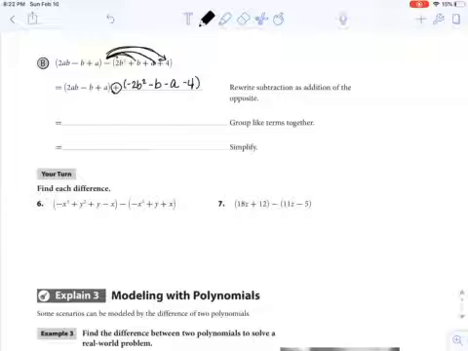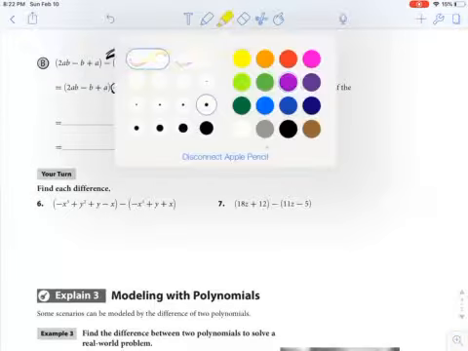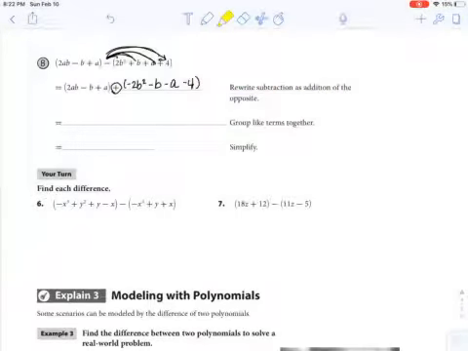So let's go ahead and group like terms. I'm going to use my highlighter, and I'm going to start with 2ab. If I look over here at my second polynomial, I don't see any other terms that are the same. So I know that in my final answer, I'm going to have 2ab. That would be its own group.